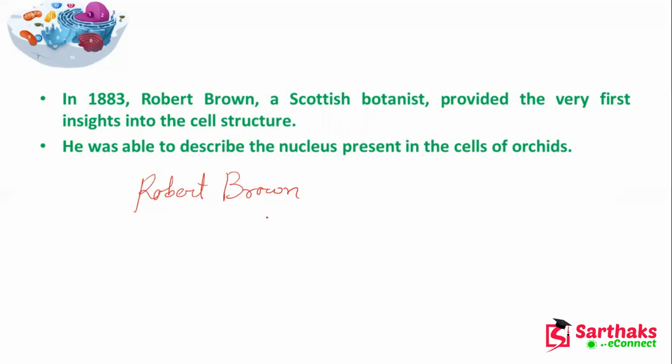But Robert Brown, the Scottish botanist, saw the structure of the cell, and he was able to describe the nucleus present in the cells of orchids.